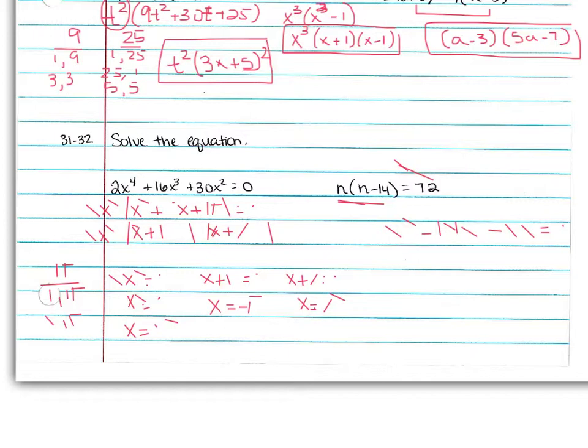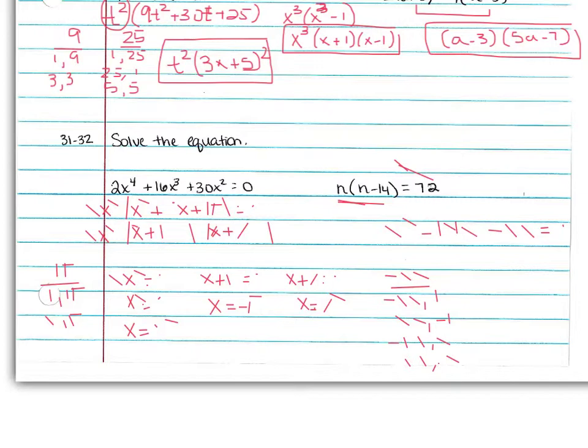We're looking for positives and negatives here. Negative 72 and a positive 1, a positive 72 and a negative 1, those numbers are much too large for what we're trying to do here. So I move on to dividing by 2, which gives me a negative 36 and a positive 2, or 36 and a negative 2.